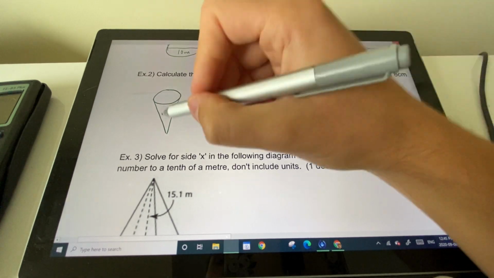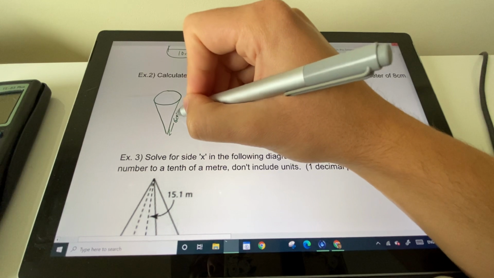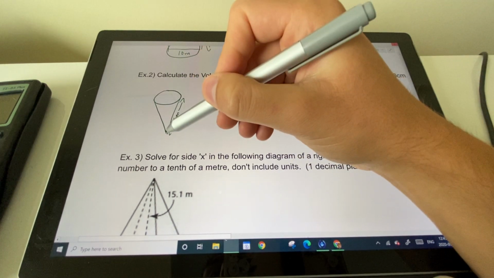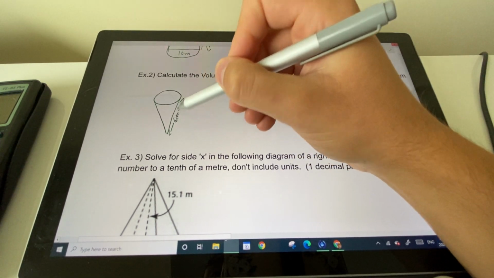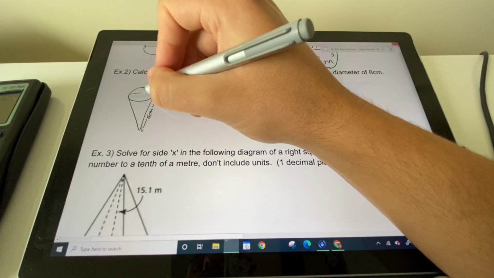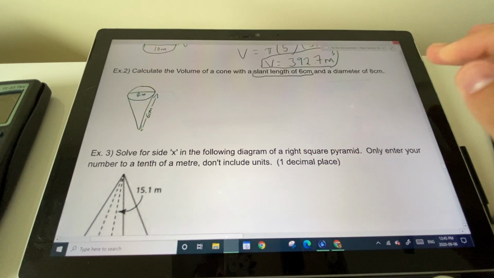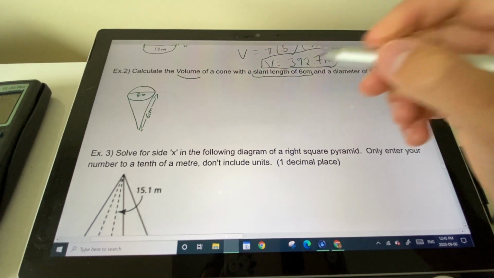What is the slant length? Remember, slant length is this, 6 centimeters. This is the height of the cone. This is the slant length. And the diameter is 8 meters, so straight across here is 8 centimeters. Sorry, not meters.